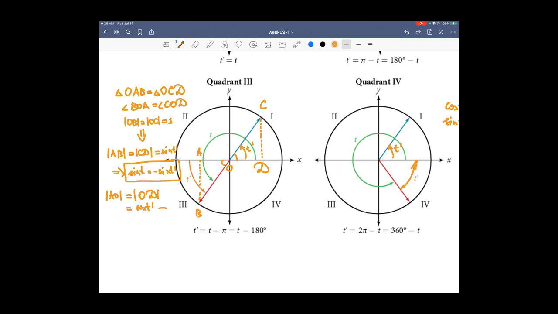Therefore, cosine t, which is the x-coordinate of this point, is the negative of the x-coordinate of this point, which is negative cosine t prime.